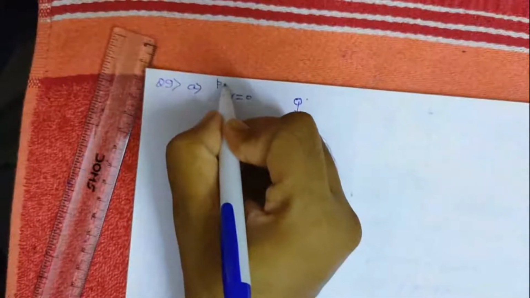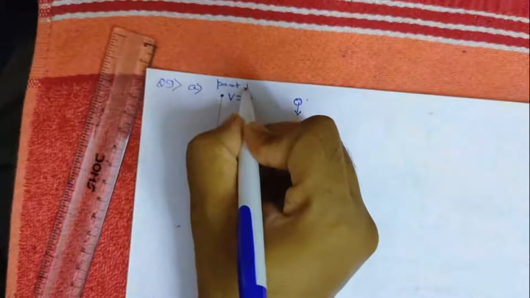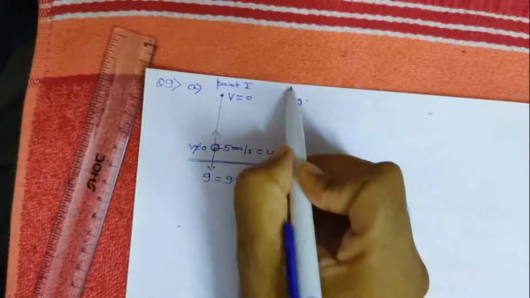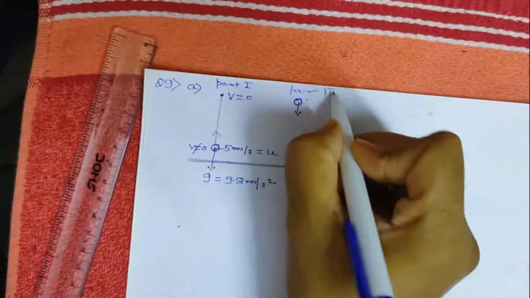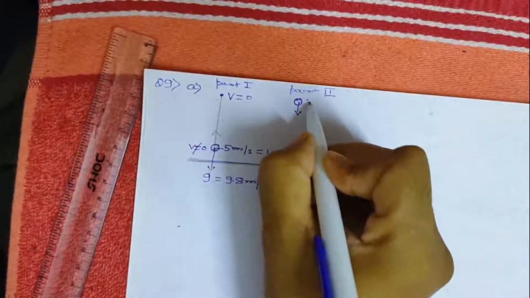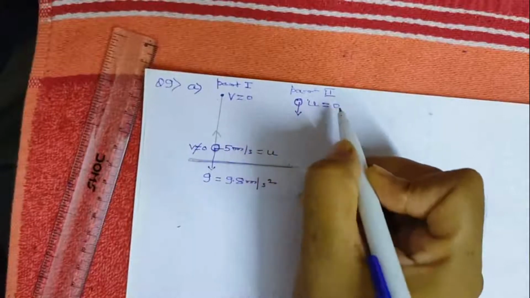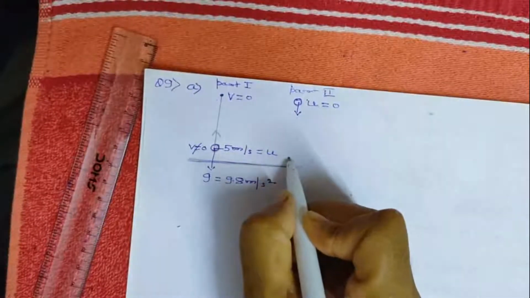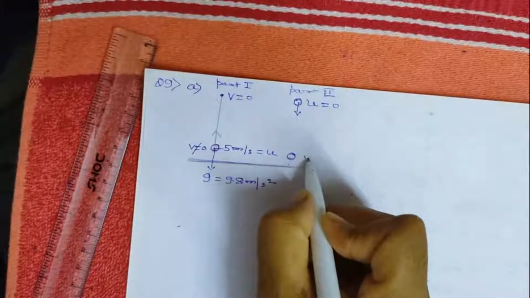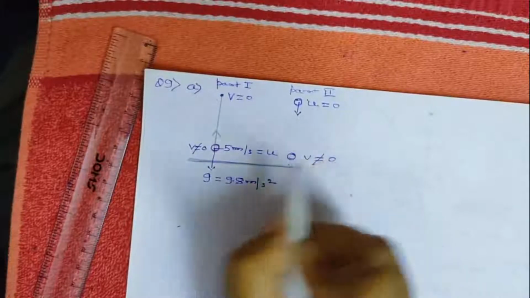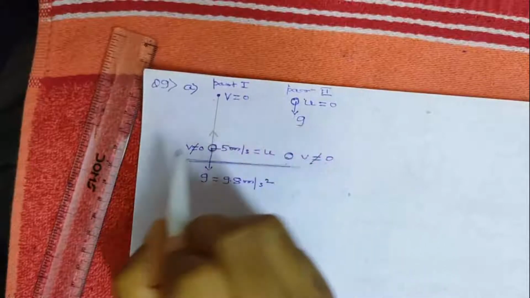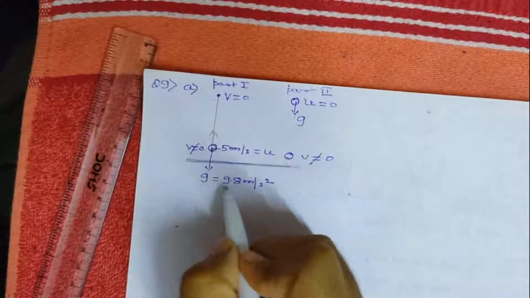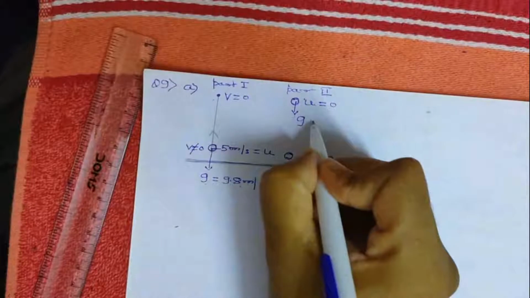This is part 1, and this is part 2. So in part 2, what is the initial speed? Initial speed is 0. It will reach the ground with some velocity which is not equal to 0. In both the cases, acceleration continues to act, 9.8 meter per second square.